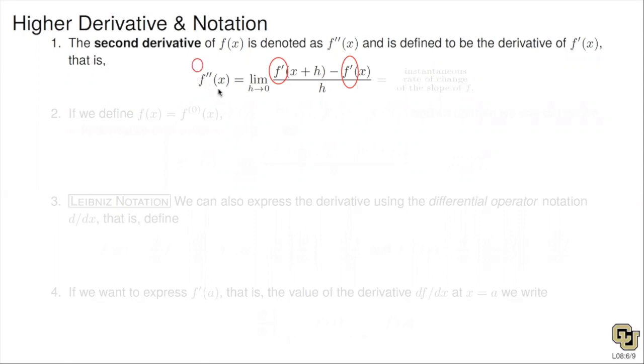And if this limit exists, that'll give me f double prime, or the second derivative, which we ostensibly interpret as the instantaneous rate of change of the slope of f, the rate of change of the rate of change. Eventually, we'll see that can be interpreted, depending on the situation, as acceleration or a thing that's called concavity. We'll talk about those concepts later.